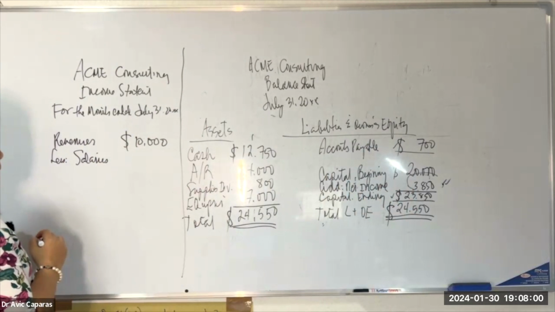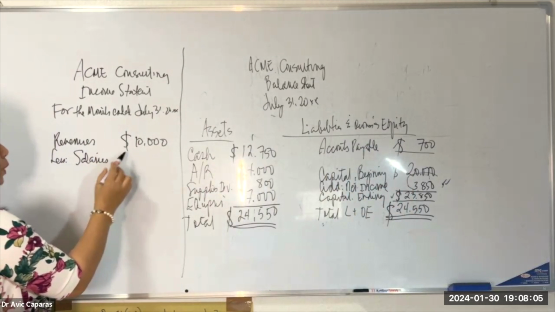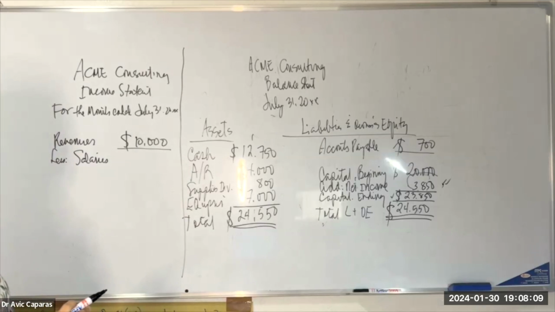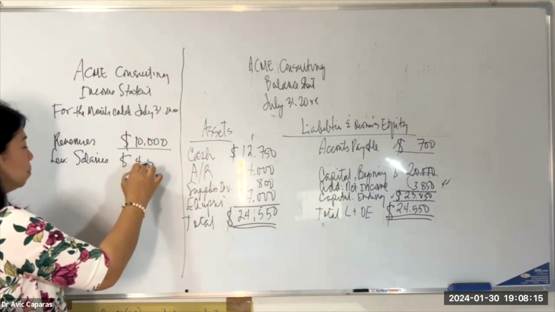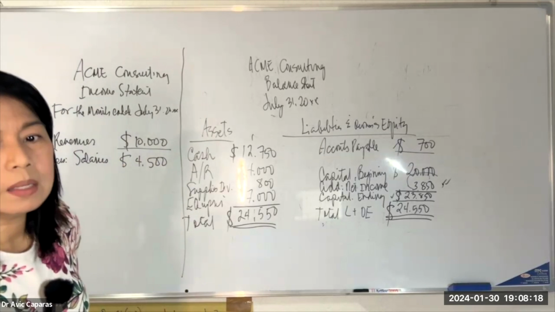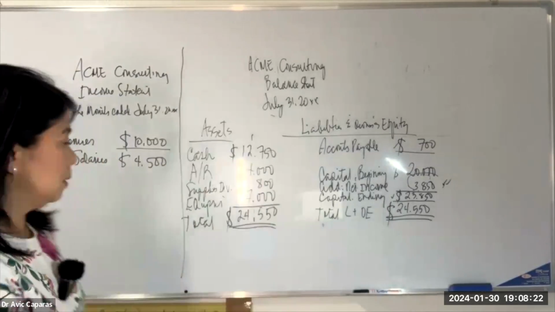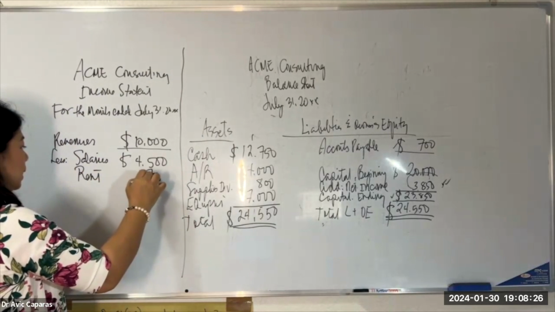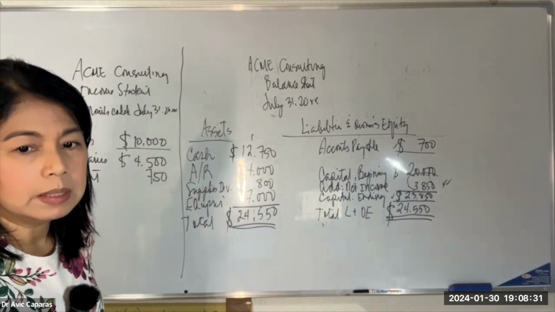Because there is no space, I could have put it in this column, but if we put it in one column, just put a line under the revenue amount. Salaries is 4,500. The next highest figure is rent, 750. It is not by alphabetical order, it's normally by the amount.